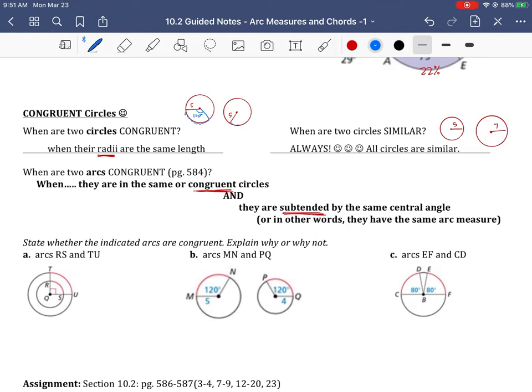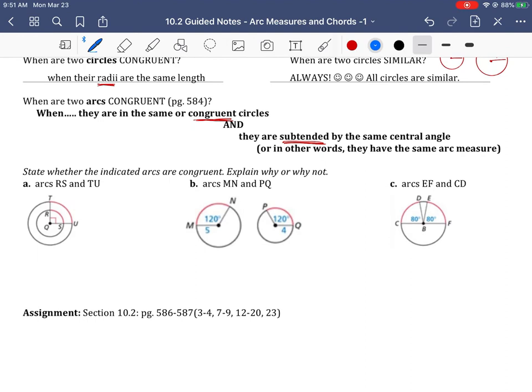If I take this second circle right here, and let's say I rotate him through 180 degrees, right? Now I've created a 180 degree angle. Clearly those arcs are not the same length. They are not congruent. So what they're saying is if you're going to have a circle of the same size, you have to rotate it through the same angle. Both of those conditions have to be met.